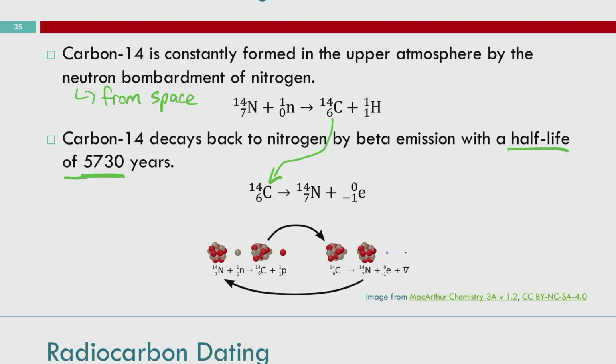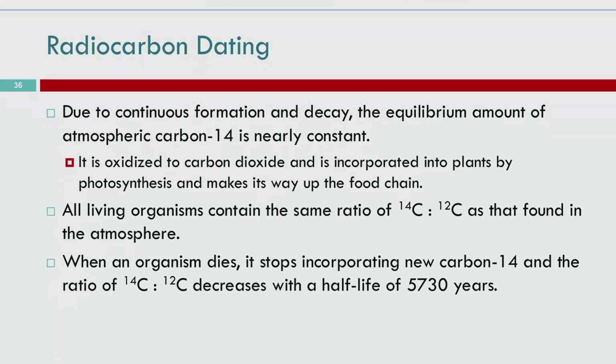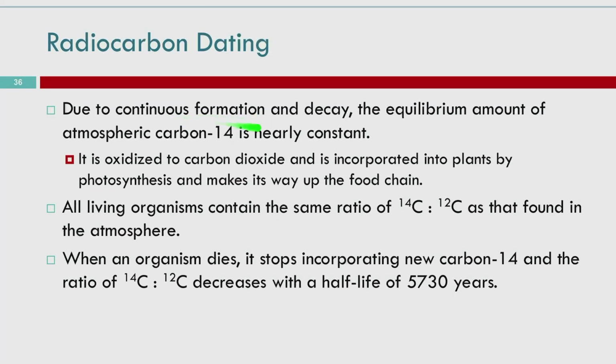And the way that we use this information is that it's continuously being formed and it constantly decays. And because of that, over the millennia that the Earth has been here, there's sort of been an equilibrium established of carbon-14 produced in the upper atmosphere and then it decaying.